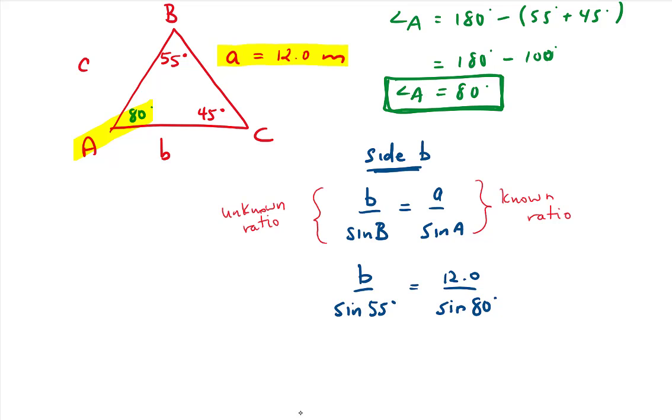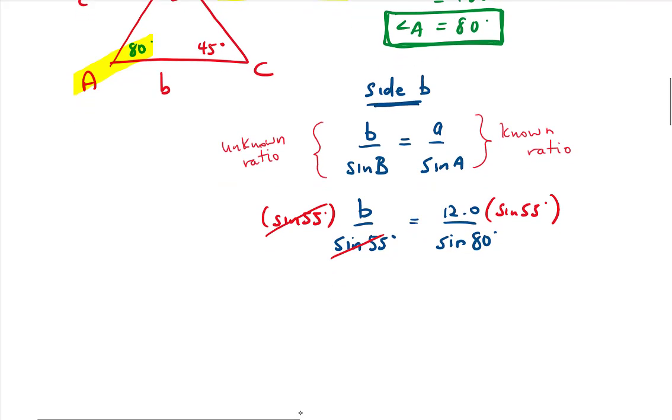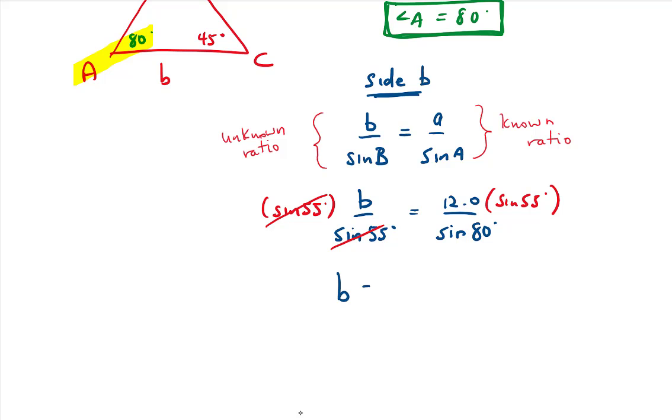Next is to isolate for B. I have B divided by sine 55, so the opposite operation is to multiply both sides by the sine of 55. If I do that, I can cancel the sine 55s on the left side, and I have that B is equal to 12 sine 55 all over sine of 80 degrees. And the last part is just calculator work.